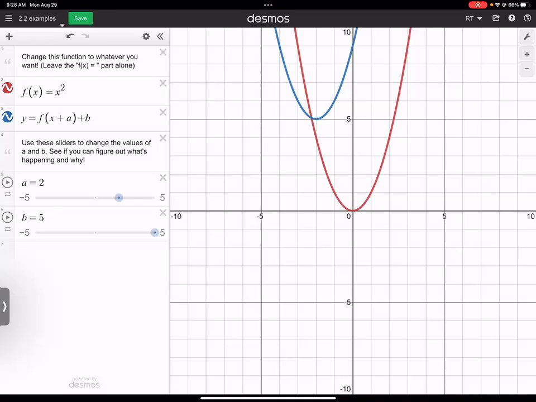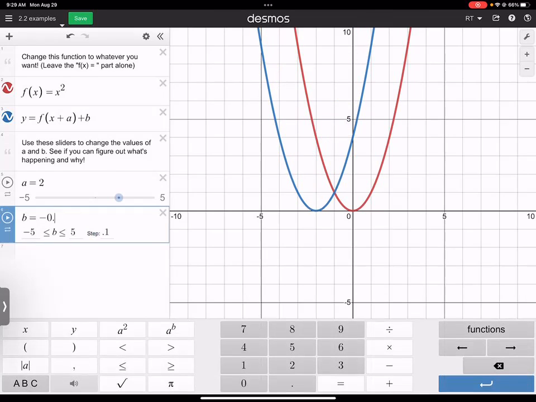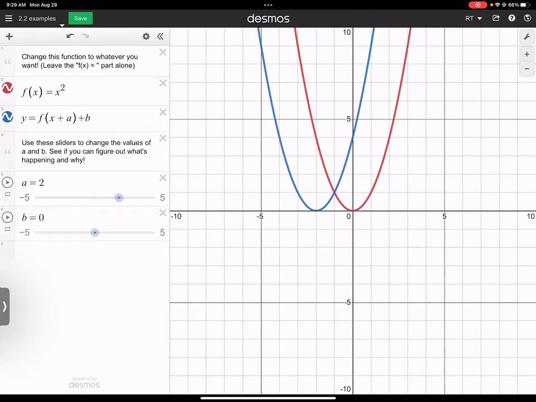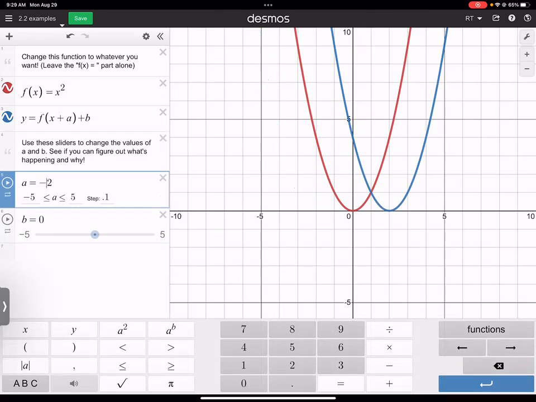Okay, so A moves things left and right, B moves things up and down. Can we be a little more specific about how? Because there's one kind of weird thing here that we haven't talked about yet. Adding 2 makes it move to the left. What if we subtract? To the right.